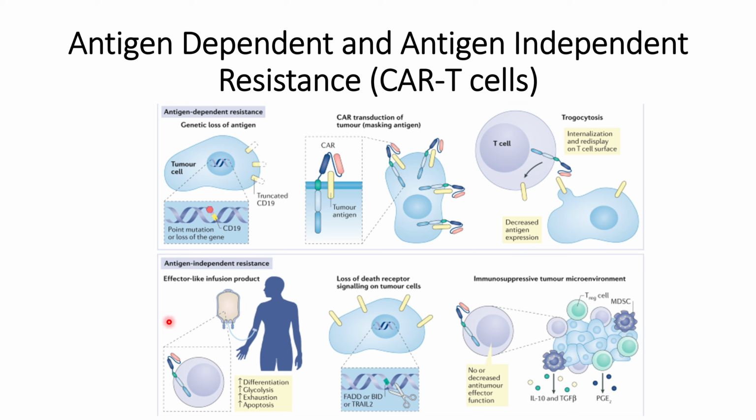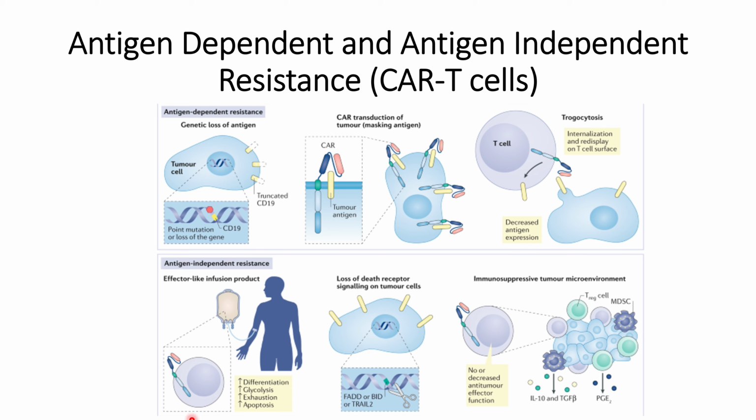What happens in this case is that with time, if these chimeric antigen receptors are induced in a low amount, the tumor will adapt or evolve in such a way that it will stop expressing those receptors on the cell surface.